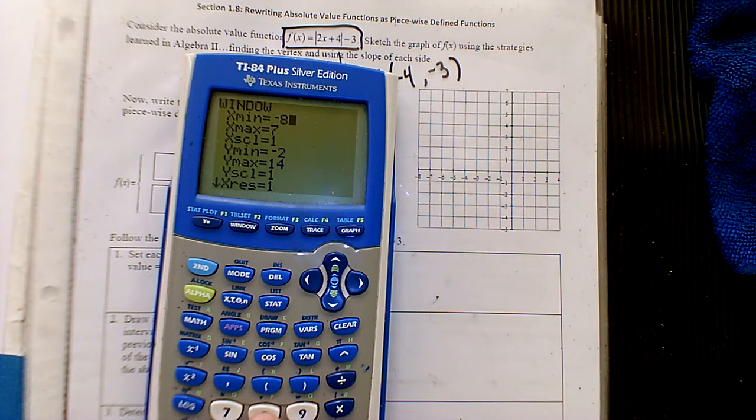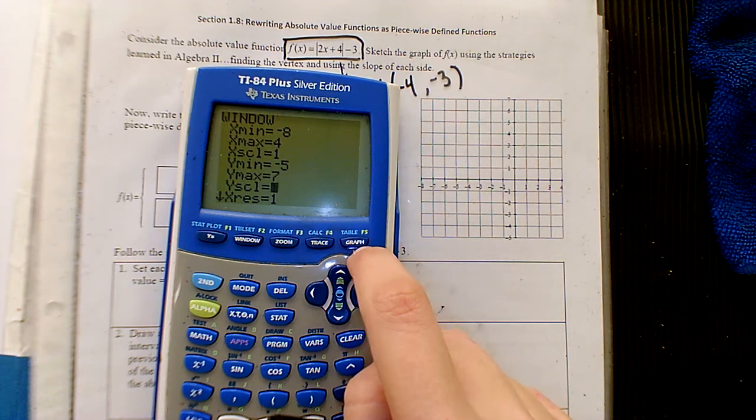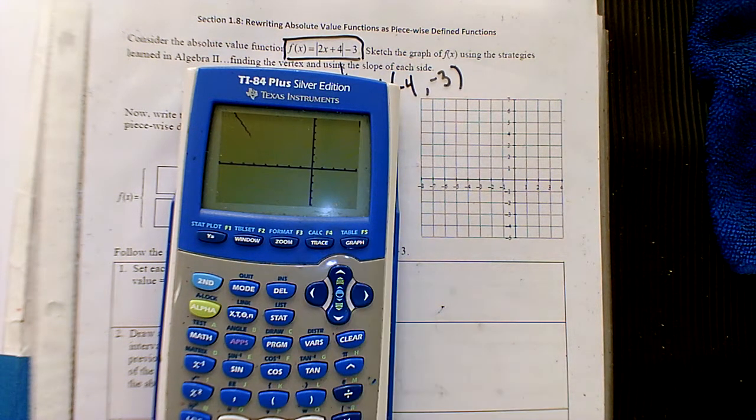So we go -8 to 4 on the x-axis, counting by ones, and then -5 to 7 on the y-axis, counting by ones. So with the equation in and the window set, go ahead and hit graph.